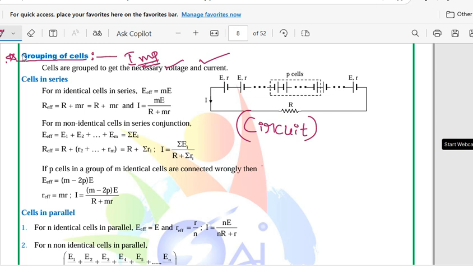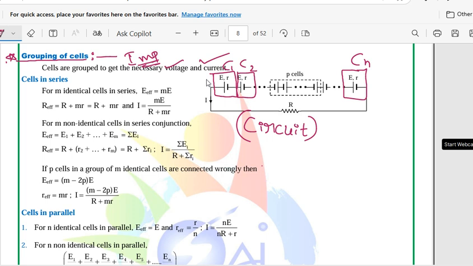Cells in series. Suppose this is cell C1, this is cell C2, and so on up to Cn.